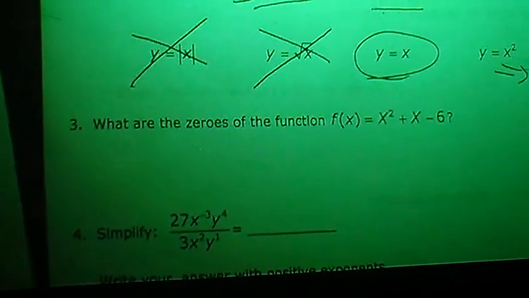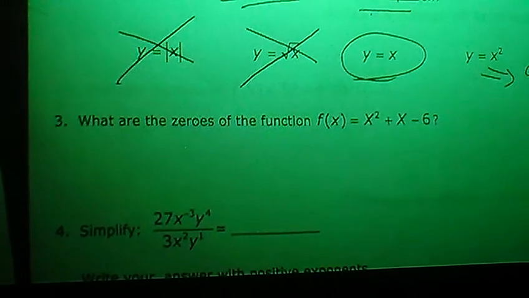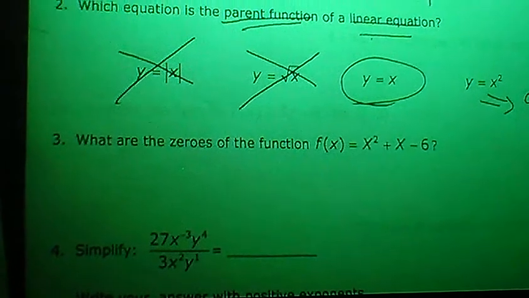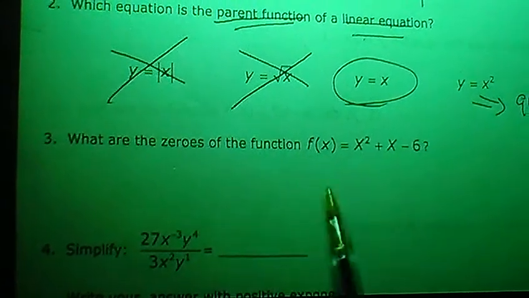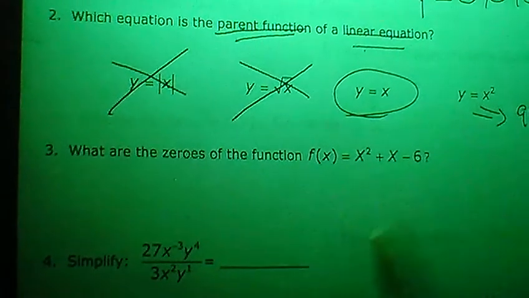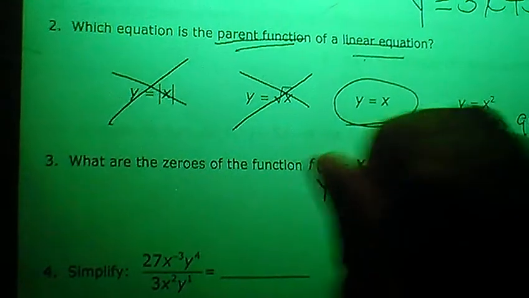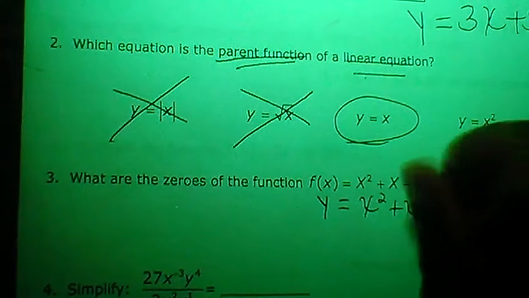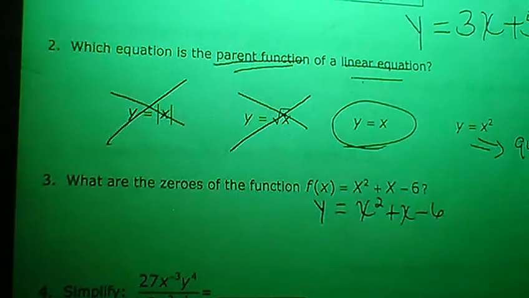Number 3. What are the zeros of the function y equals x squared plus x minus 6? Now notice when Bree read that, she said y equals f of x is the same as y. So I want us to change that to y equals x squared plus x minus 6. Very good, Bree.